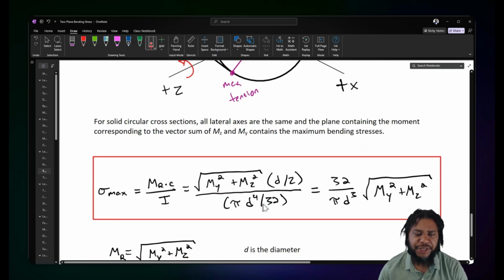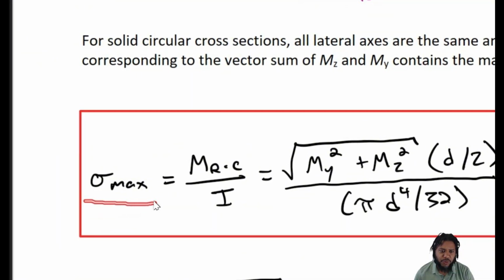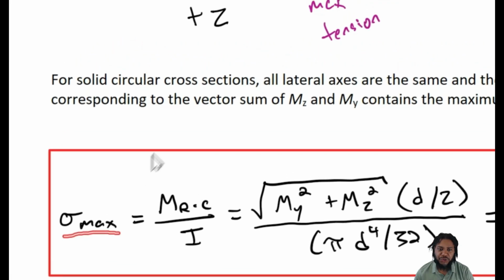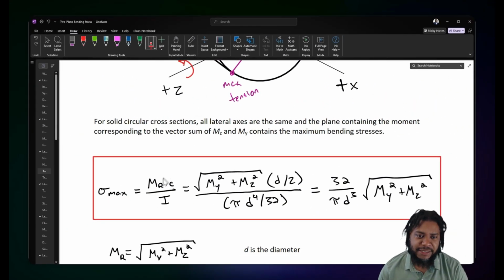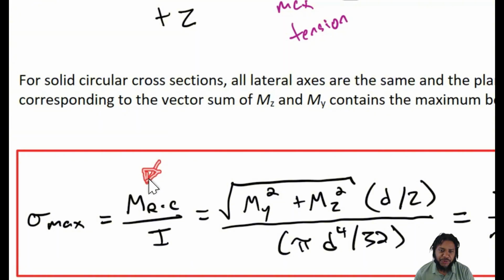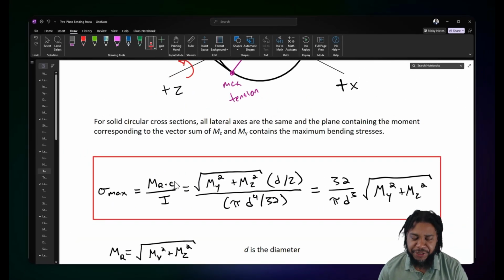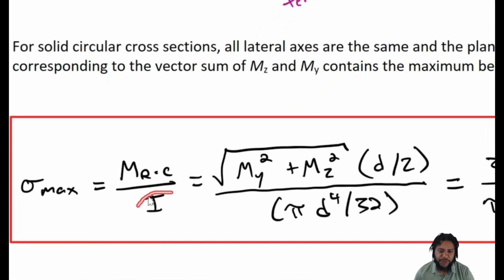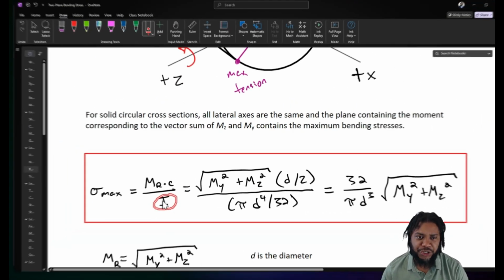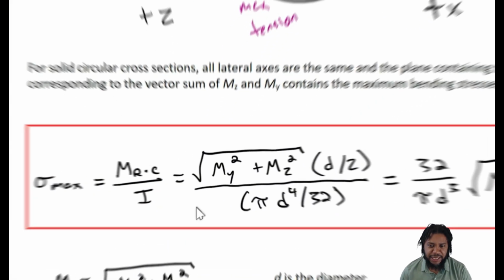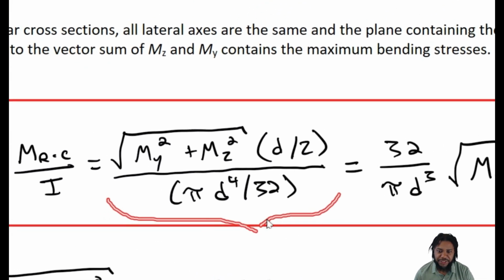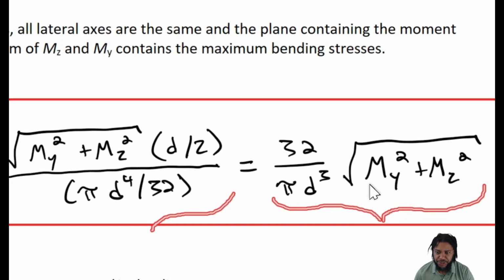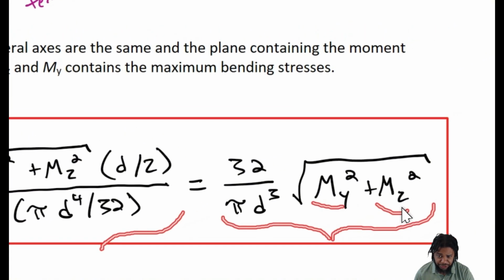Now, in our textbook, we've got a pretty long form equation for solving for the max stress for a circular cross-section. In essence, it's the magnitude of the resultant moment times c, which is the radius of our cross-section, over the second moment of inertia of the circular cross-section. We can also detail it out all the way to the point where we're putting in the individual contributions of the moment about y and the moment about z.